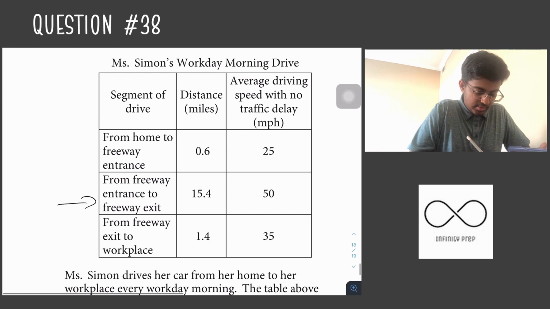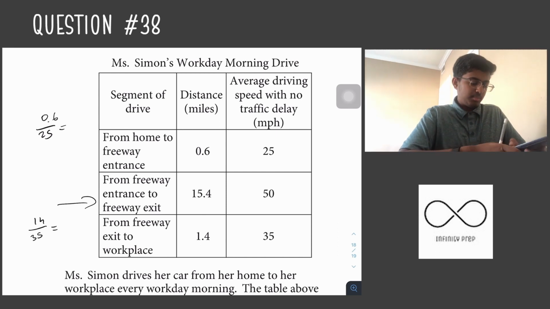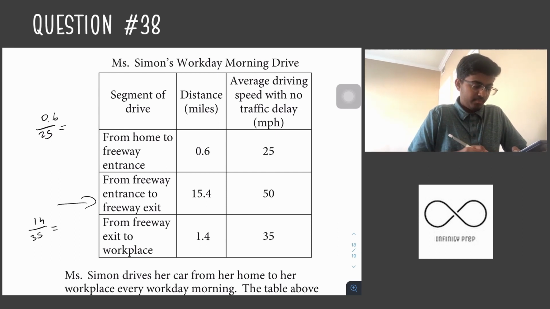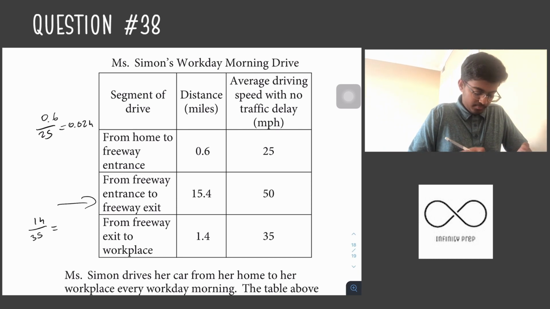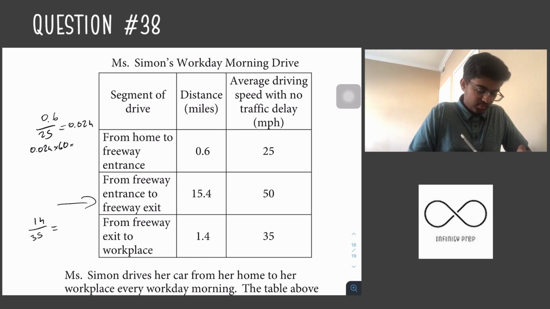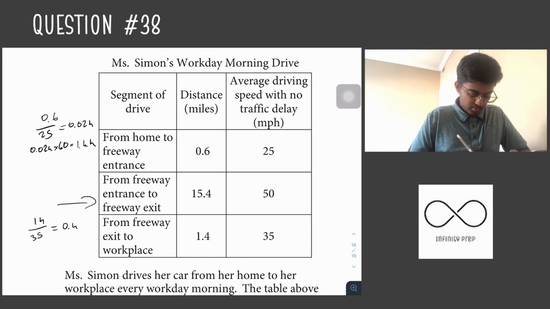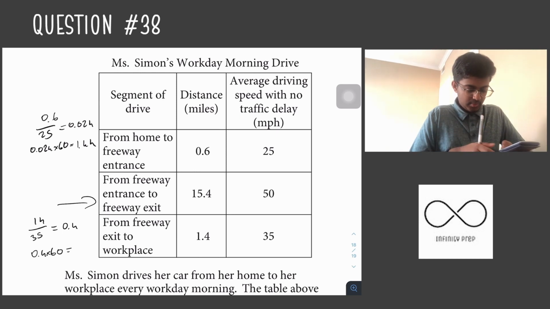We have to do the distance over the rate, which is 25 for this one and 35 for the other. So 0.6 divided by 25 is 0.024, times 60 to get the minutes, is 1.44. And 14 divided by 35 is 0.4. 0.4 times 60 is equal to 24.